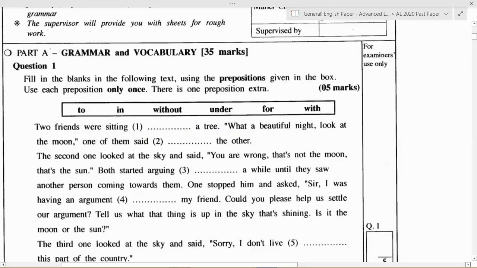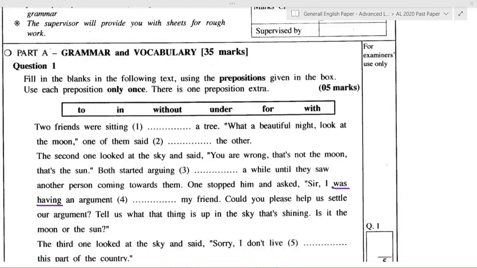Having an argument means I was having, and this is the past continuous tense. I was arguing or I was having an argument, similar meaning. Instead of using the word argue, they have used this noun, having put the ing form with have. So having an argument.